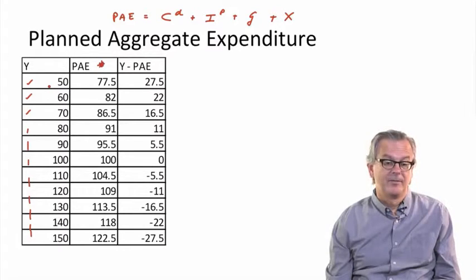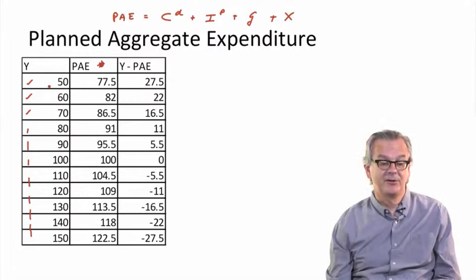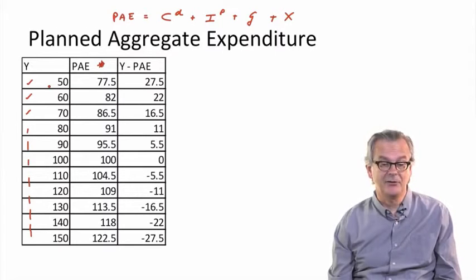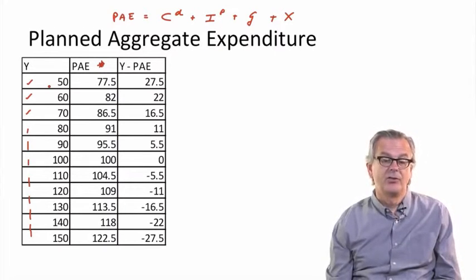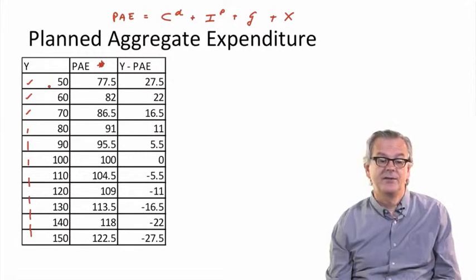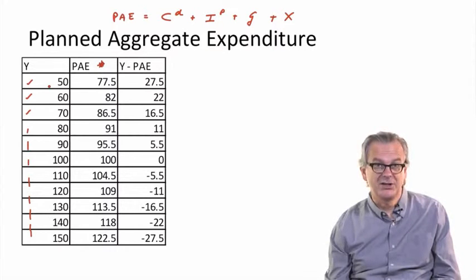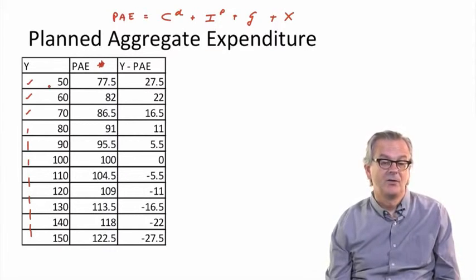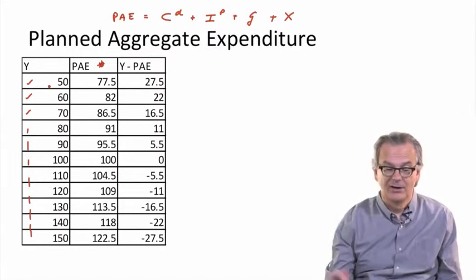Note the following. There is clearly a systematic relationship going on here between planned aggregate expenditure and income. The higher is income, the higher is planned aggregate expenditure. The third column is particularly important. It shows for each and every of these various income flows what the difference is between that flow of income. Now remember, income, GDP, is the same as output. What the difference between that income flow is and planned aggregate expenditure.